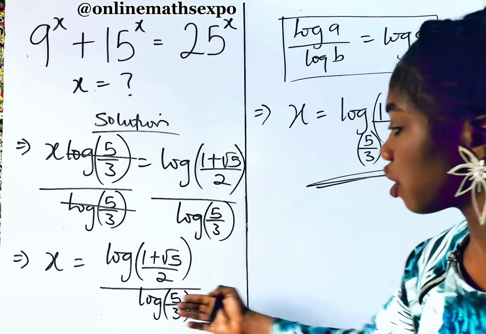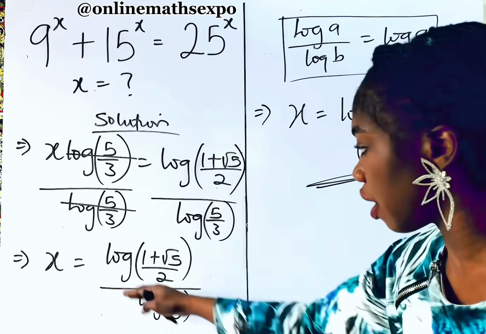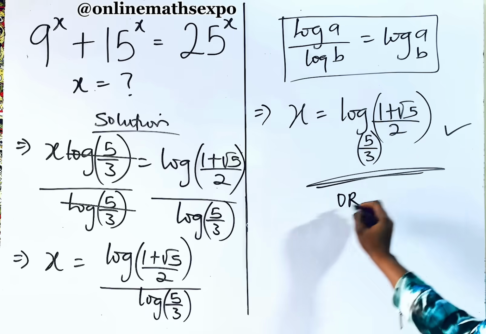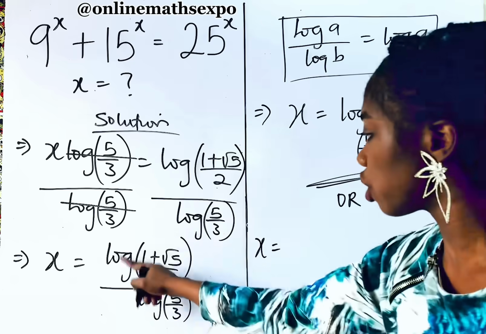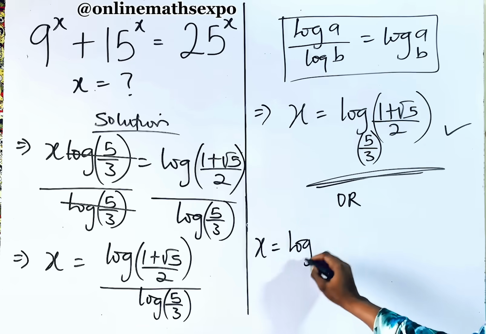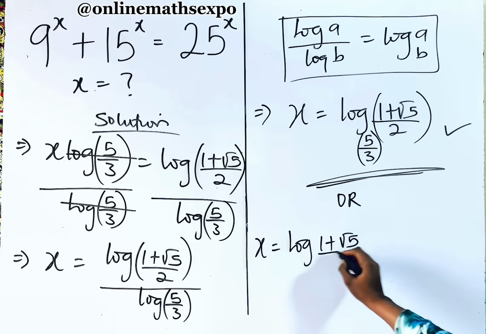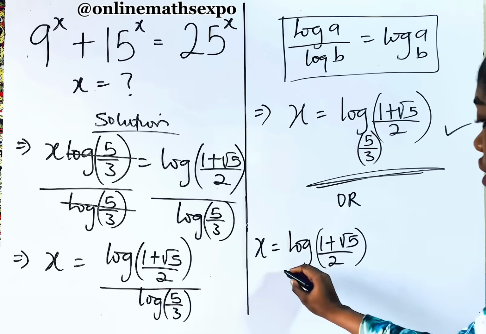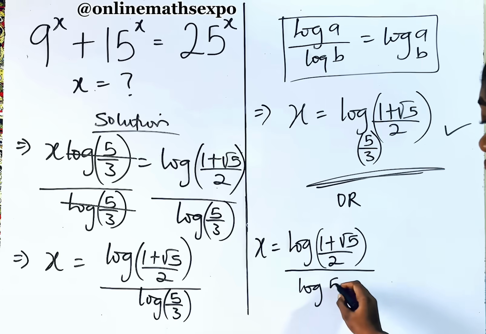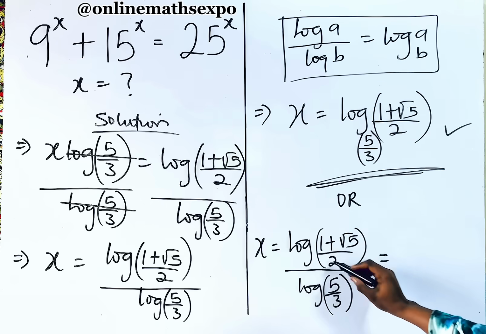You can also do this using a calculator, okay? So we have x is equal to log of 1 plus root 5 divided by 2, divided by log of 5 on 3. Quickly with your calculator, simplify this.